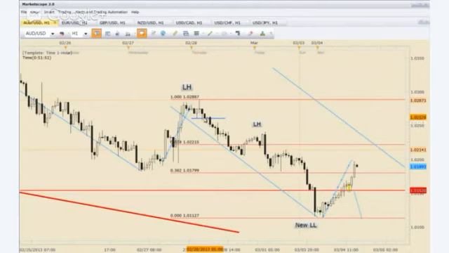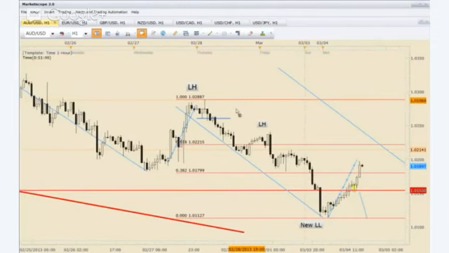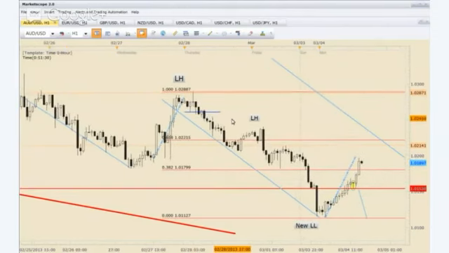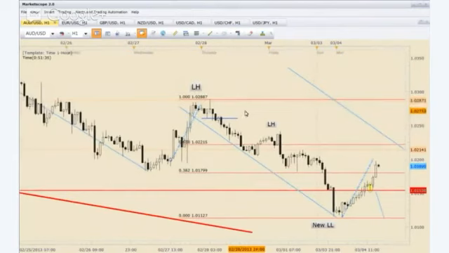Why? Because that's the bar where you get a close below a previous lowest low. To be even more patient, the better bar would have been one of these here. Because now you see you move up, and it's not going up higher. This lower high is not being set, and it's not going up and closing above this.